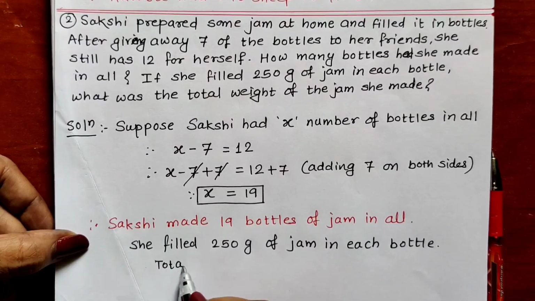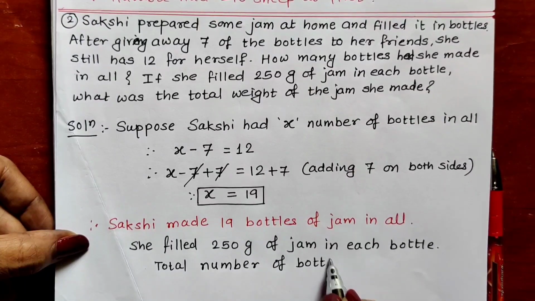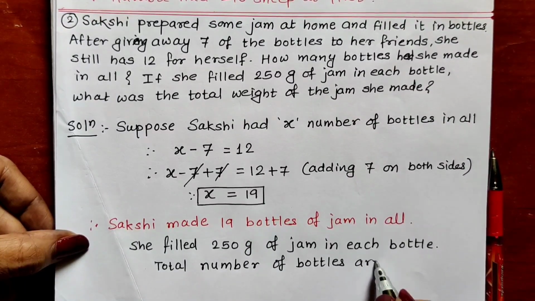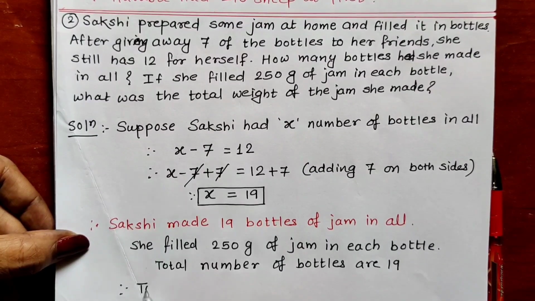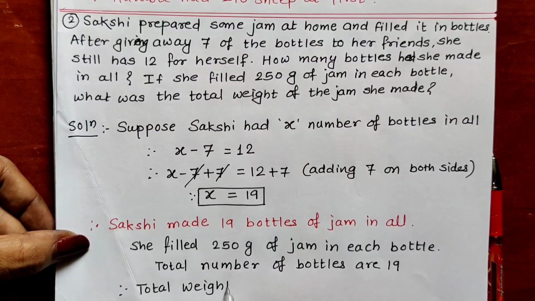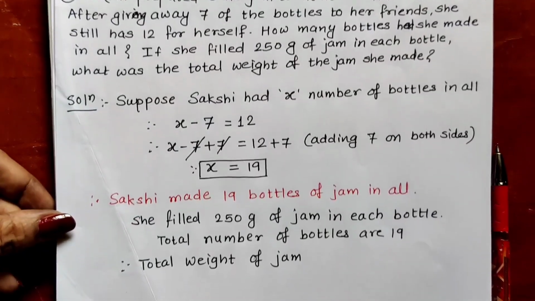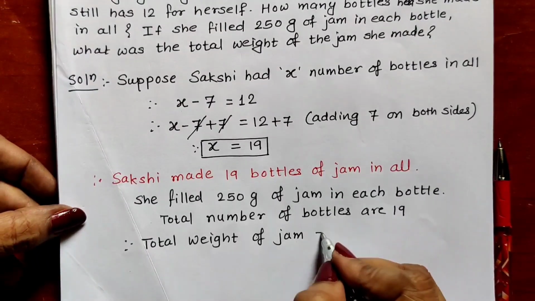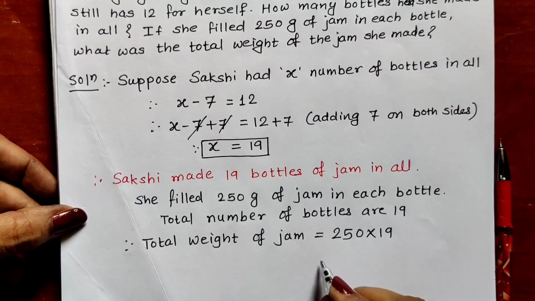Total number of bottles are 19. So what will be the total weight of jam? Therefore, total weight of jam will be 250 multiplied by 19.